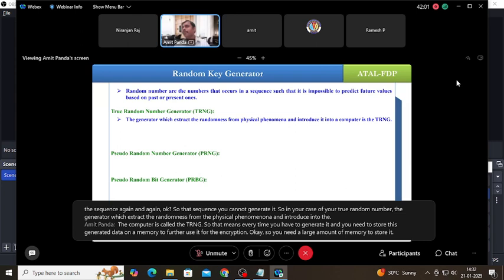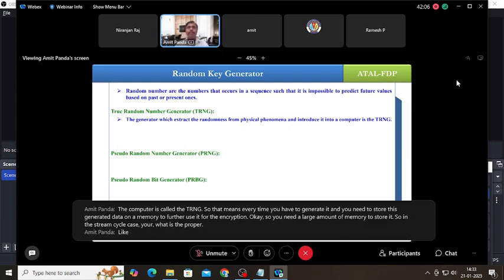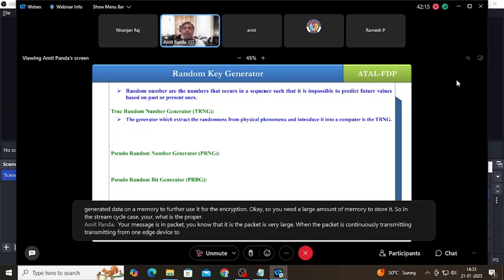In the stream cipher case, your message is in packets. You know the packet stream is very large. When packets are continuously transmitting from one edge device to another edge device, or edge device to server, or maybe sensor to edge device, it is a continuous process.